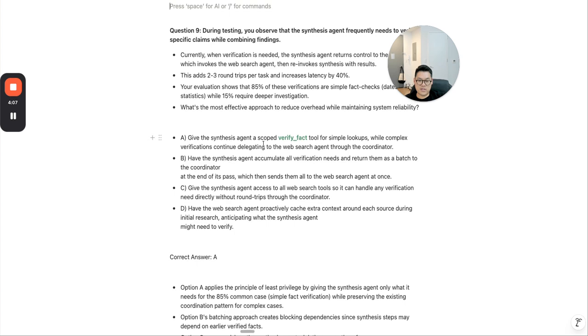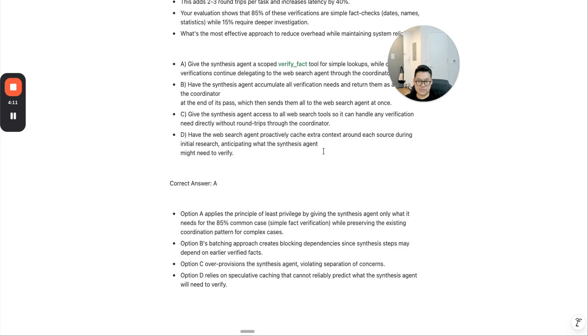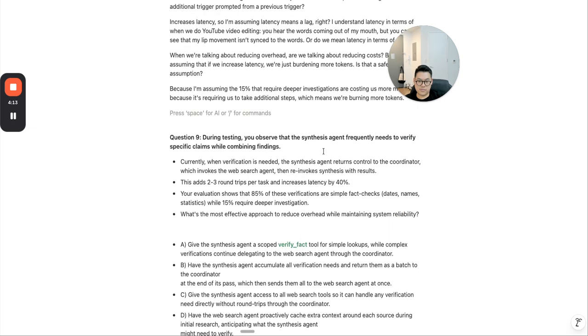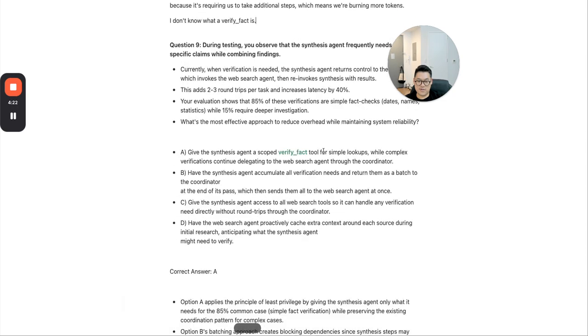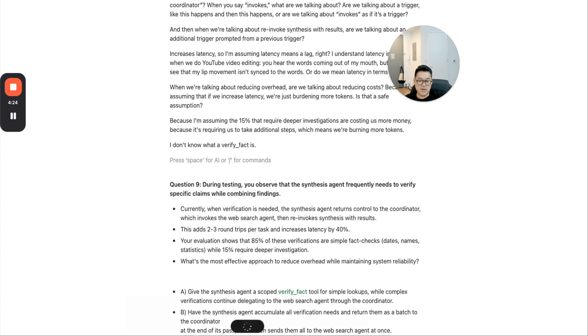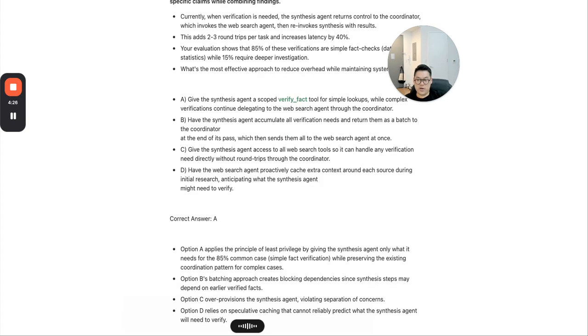Okay, so give the synthesis agent a scope to verify fact. I don't know what a verify underscore fact is. Just like with the previous questions, I'm going to need explainers on why the right answers are the right answers and why the wrong answers are the wrong answers.